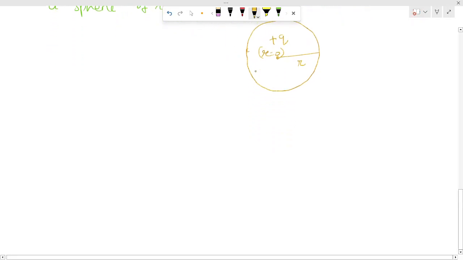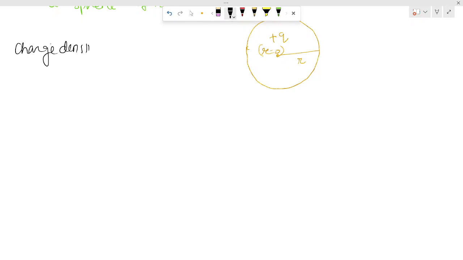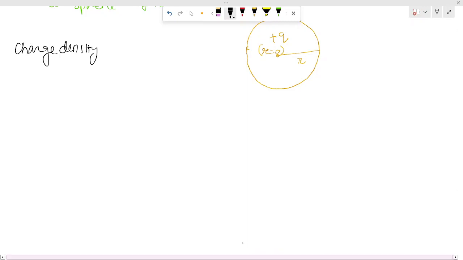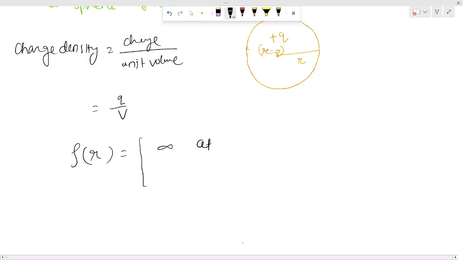So if I have to write the charge density, what will I write? I can write charge density as charge upon unit volume, that is q upon v. So the charge density, rho, is infinity at r equal to 0 and 0 at r not equal to 0.